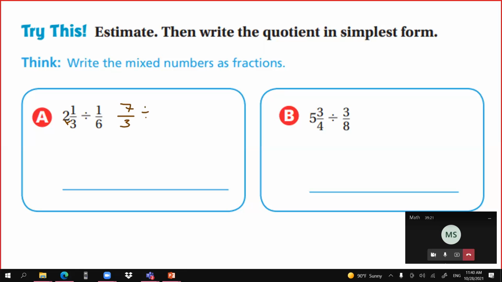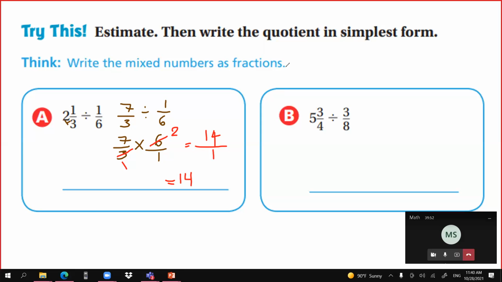Divided by 1 over 6. Bravo. Then? Bravo. Thank you so much.